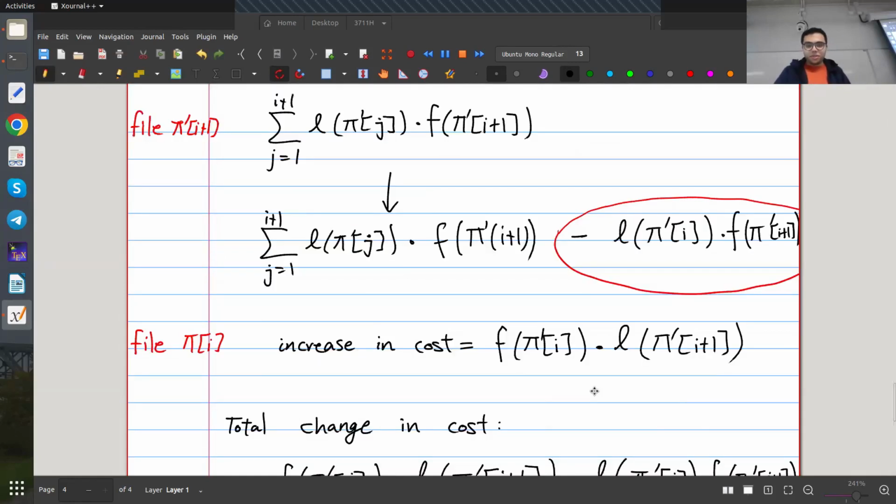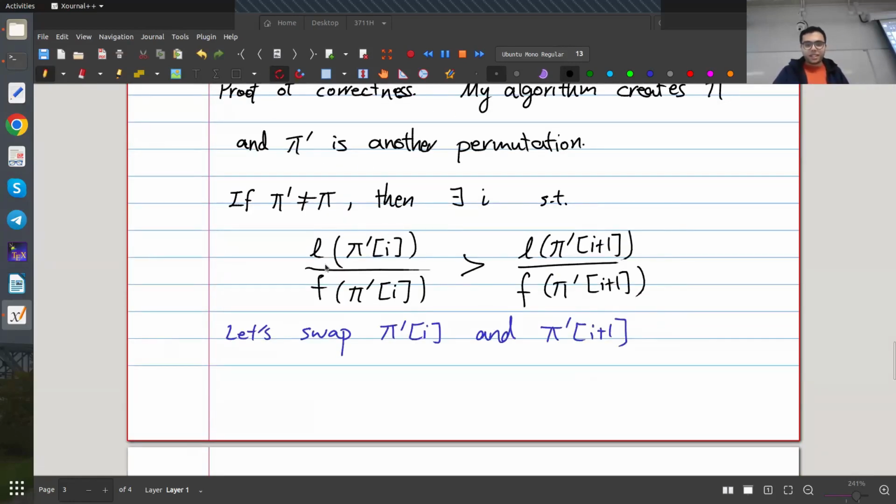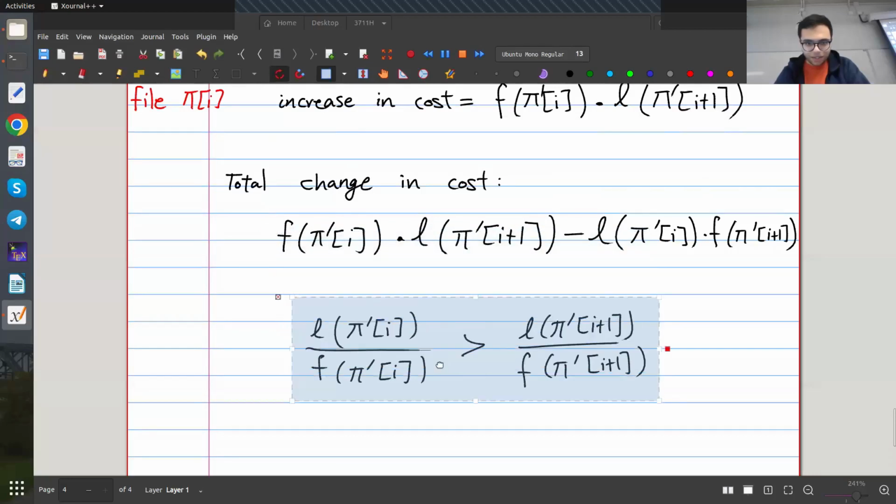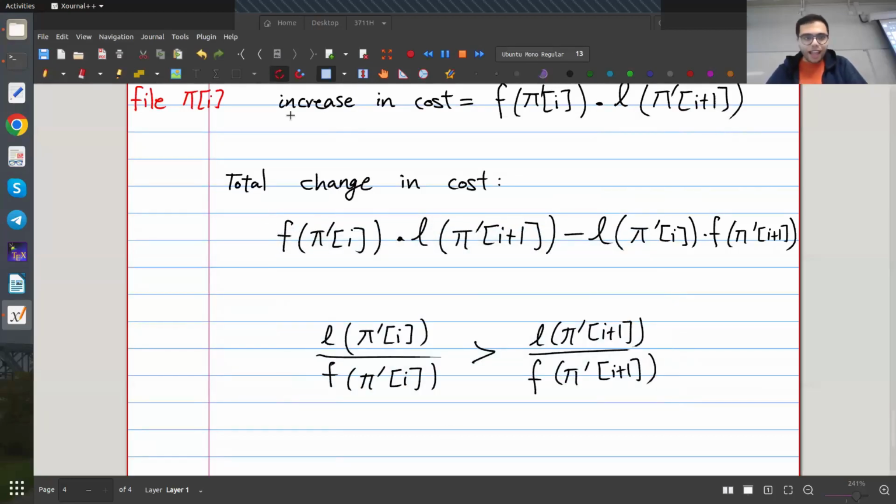But what do I know about these two files? I know that I chose these two files because they were not in order. So this is what I know about the files, and from this, I want to say that this one is negative. Isn't it obvious?